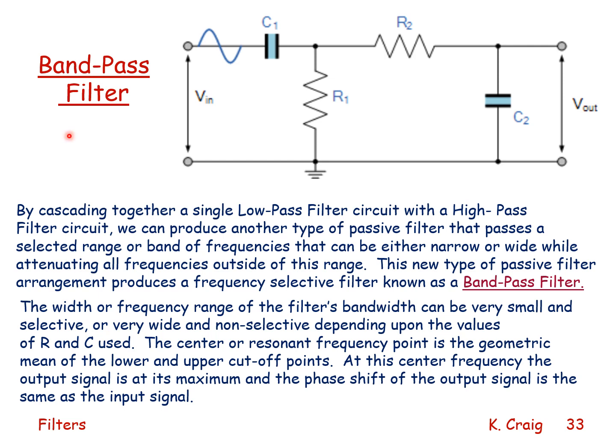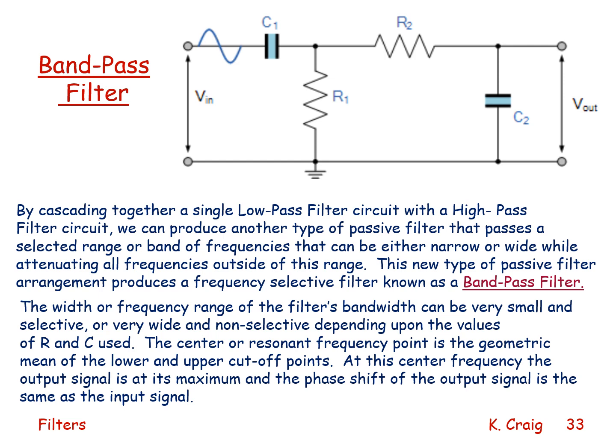A bandpass filter. A bandpass filter is created by connecting in series a high-pass filter to a low-pass filter, a CR filter to an RC filter. So by cascading together a single low-pass filter circuit with a high-pass filter circuit, we can produce another type of passive filter that passes a selected range or band of frequencies that can be either narrow or wide, while attenuating all frequencies outside of this range.